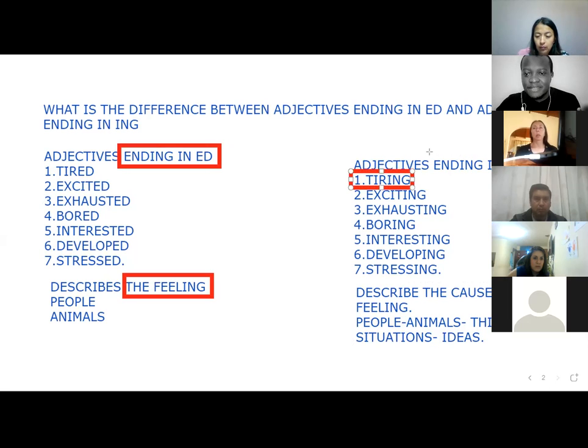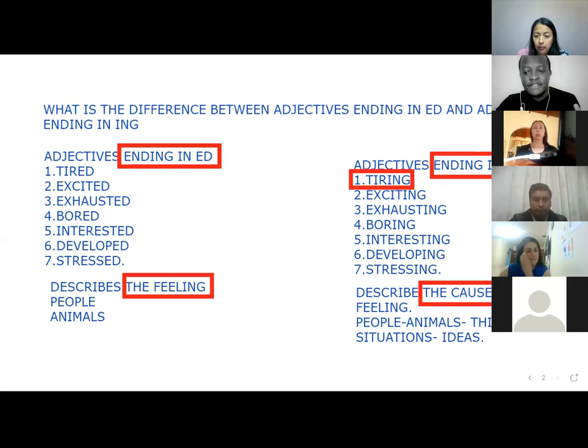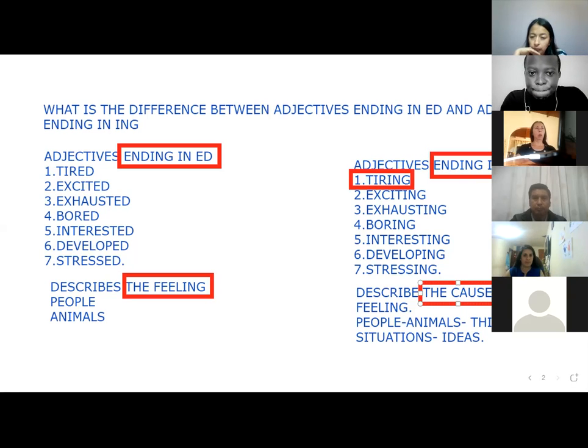When you describe anything with an adjective in ing, you're describing the cause. Do we understand the difference? Guys, do we understand the difference? Yes? Does it make sense?